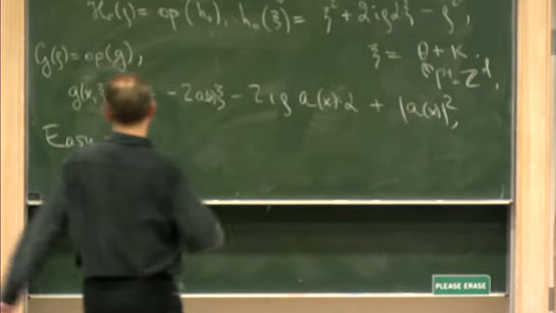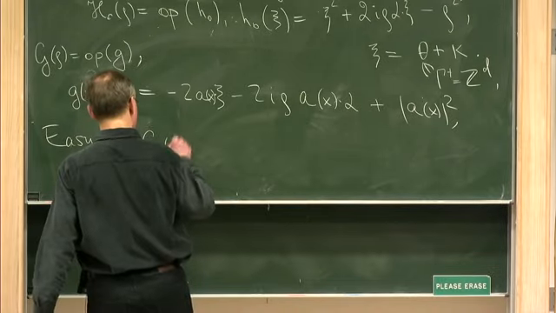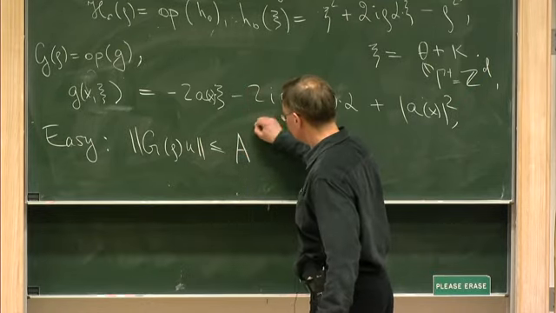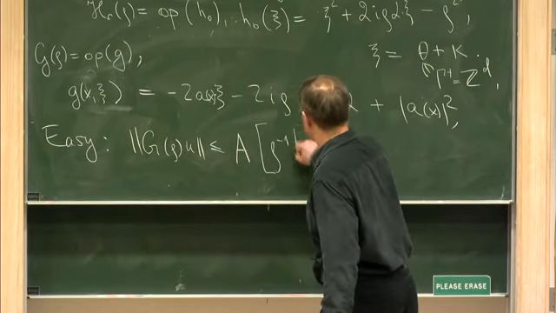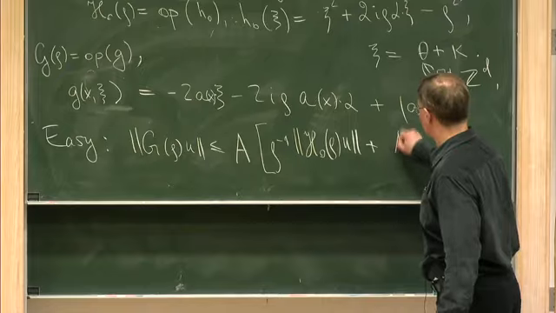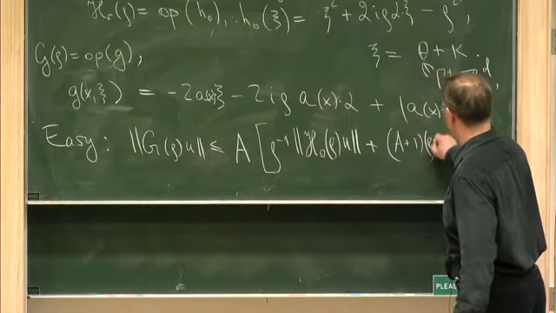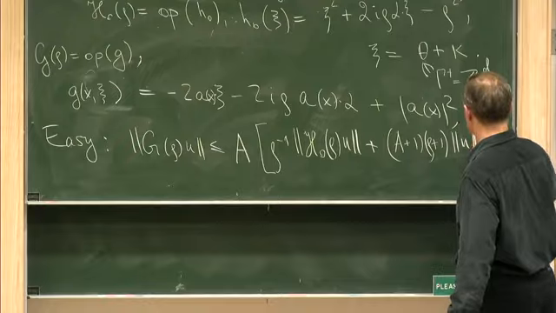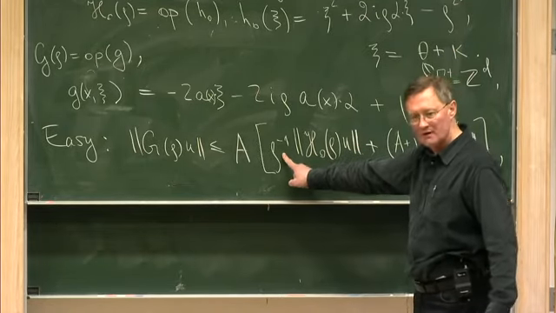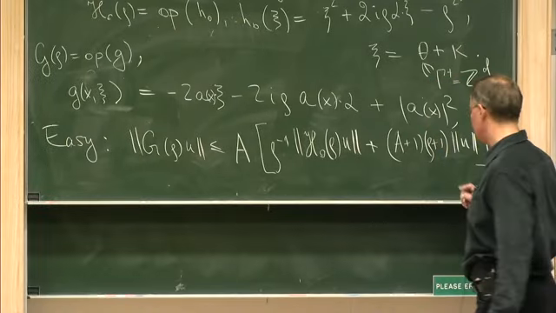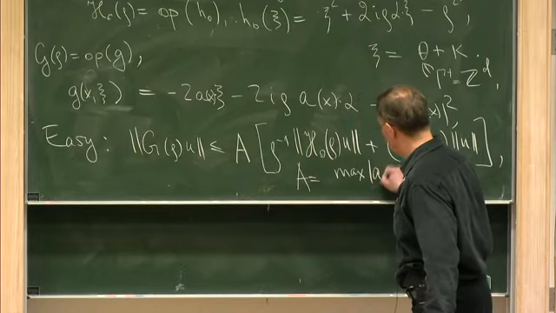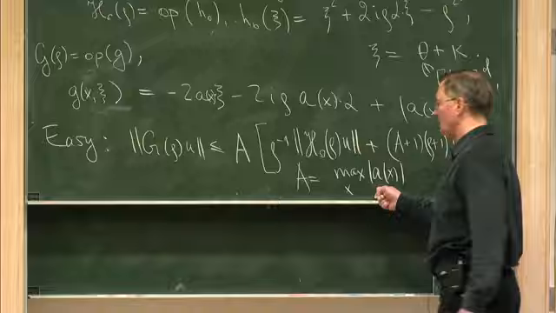Now, what is easy to do is the following. So G rho, this is on the torus. Rho we already know, and H naught. Everything is clear except for A. A is the maximum of the magnetic potential here.